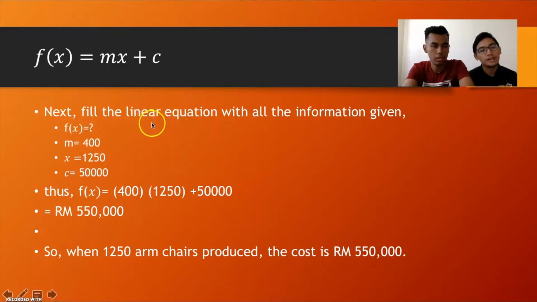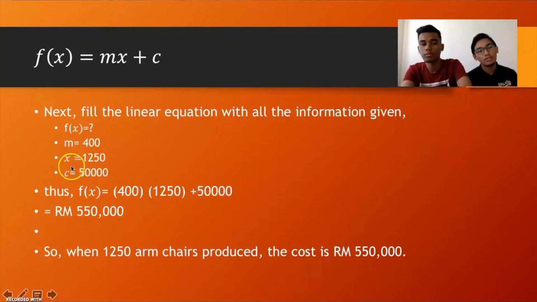X is the production stated in the question, 1,250, and C is 50,000, which is the overhead cost. So we are using f(x) equals mx plus c, which is a linear equation, and we substitute the values that we extracted just now.